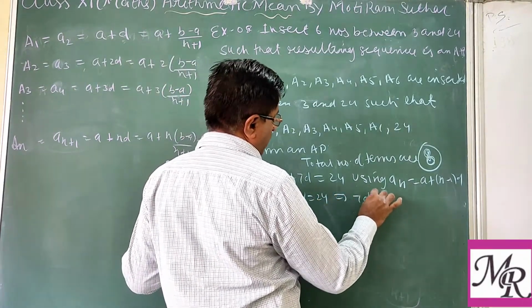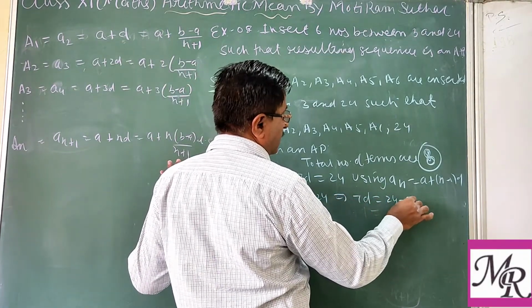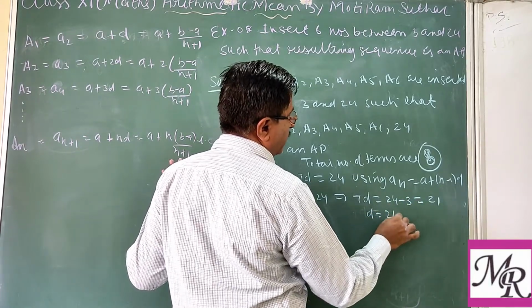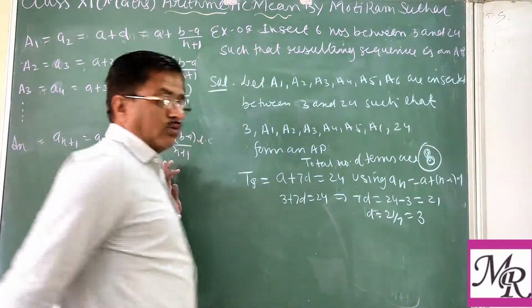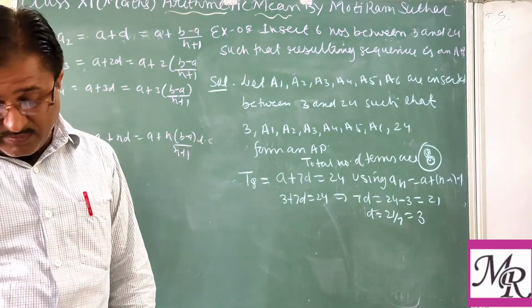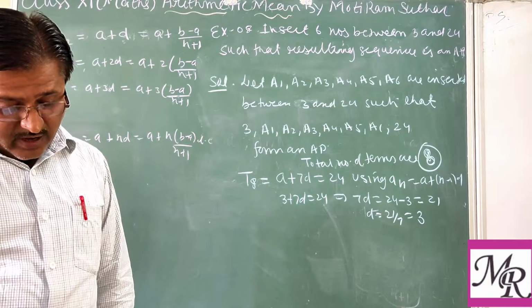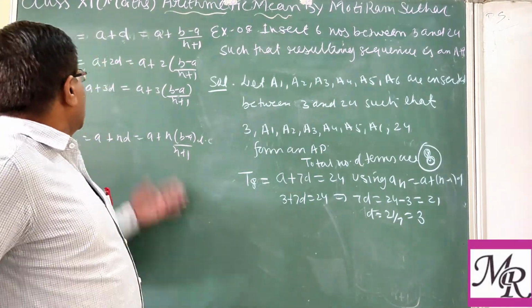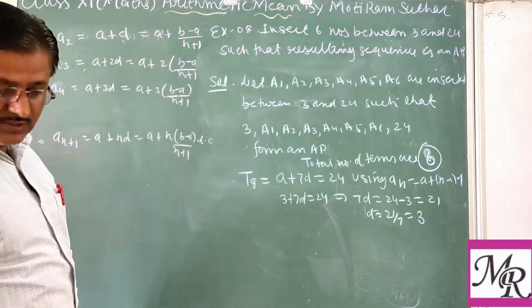From this you find the value of D. So D equals 21 by 7, that is 3. So we get the common difference and the first term. Now we can find these terms.